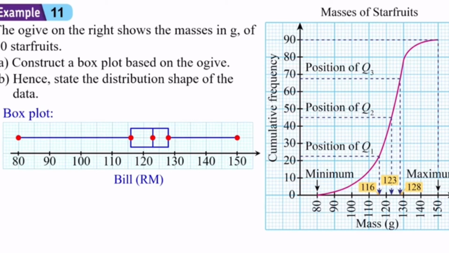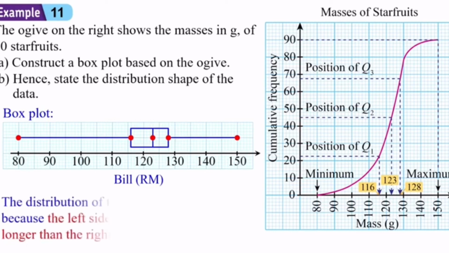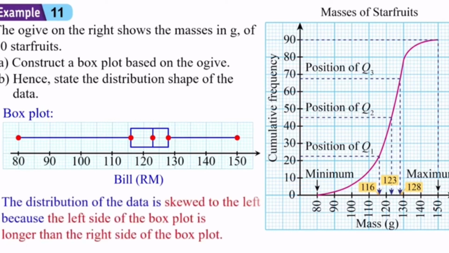Plot means a point, a dot. Make sure the dot is clear, right? So remember, a box plot consists of 5 plots: the minimum value, first quartile, median, third quartile, and the maximum value.